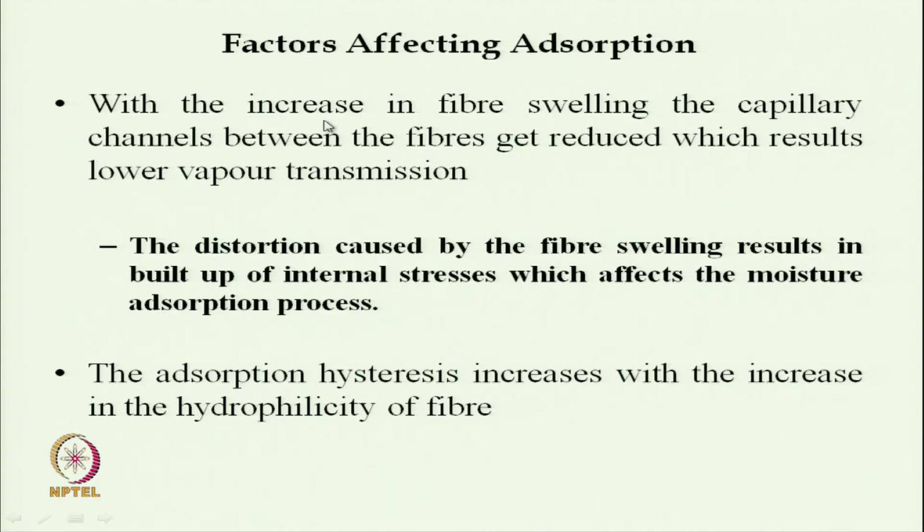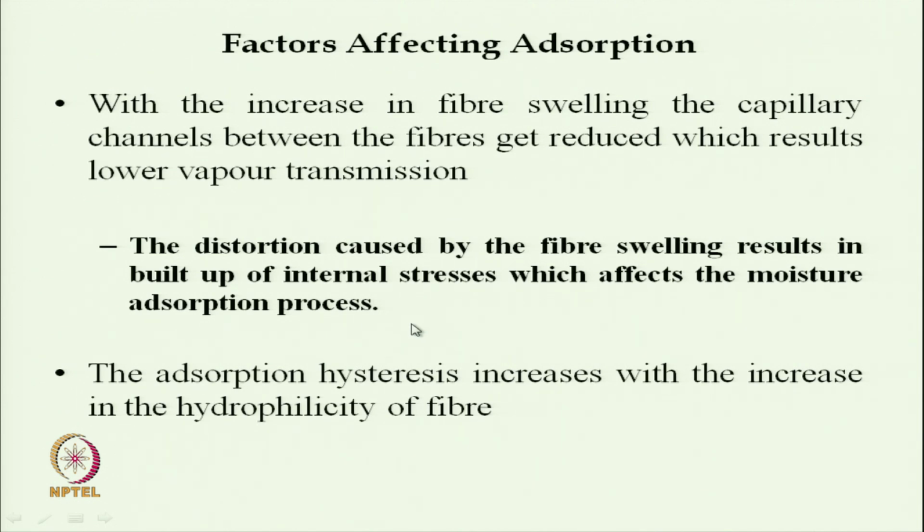With the increase in swelling, the capillary channel between the fibers gets reduced, which results in lower vapor transmission through the adsorption process. The distortion caused by fiber swelling results in a buildup of internal stress between the fibers, which affects the moisture adsorption process.